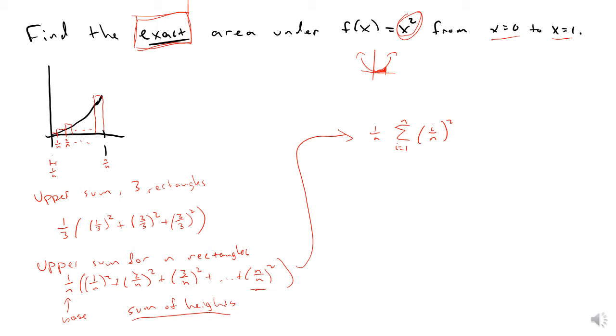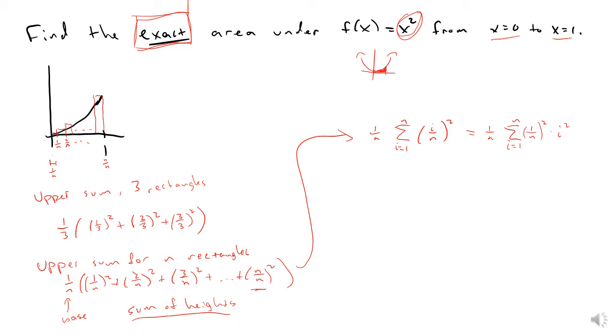Now let's connect this to the summation formula that you saw in the previous video. So first of all, this is 1 over n times the sum i equals 1 to n of, I'm going to split this up into two pieces, 1 over n squared times i squared.